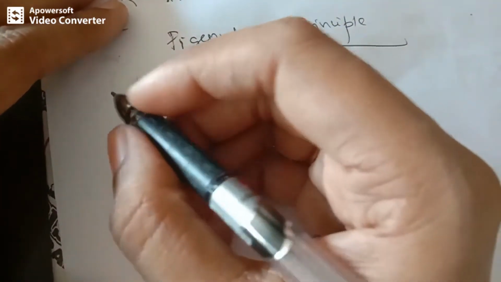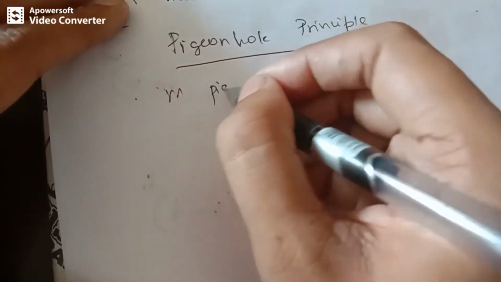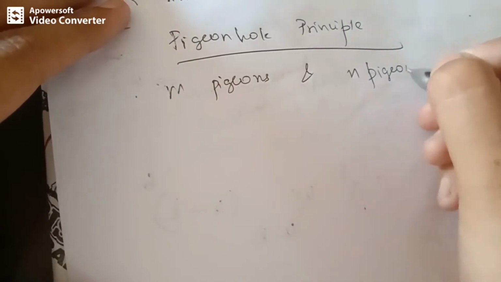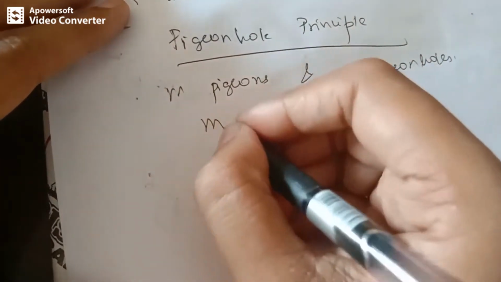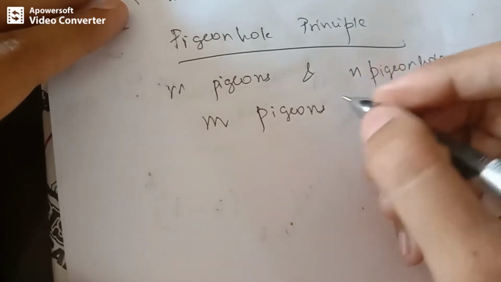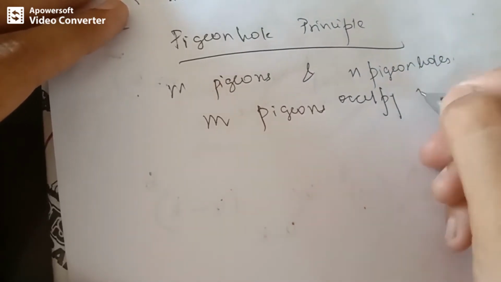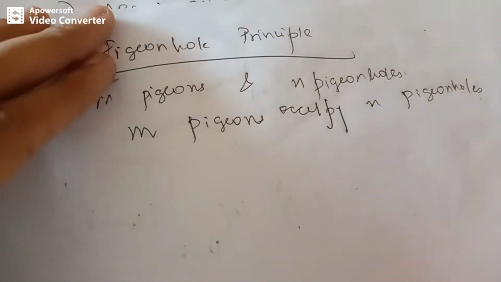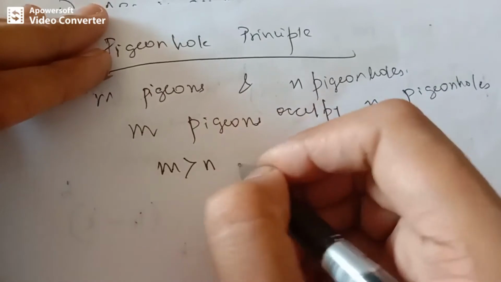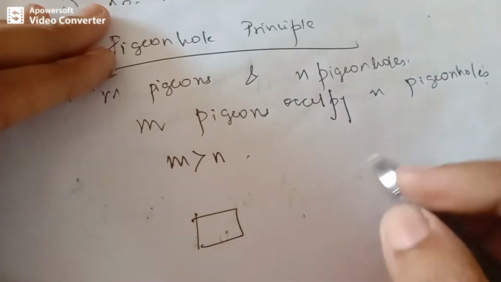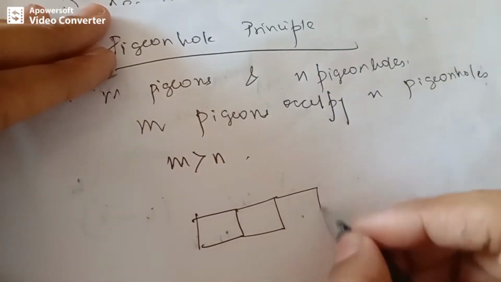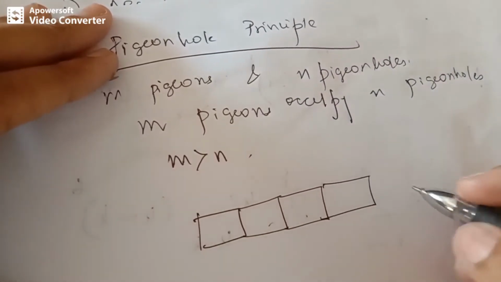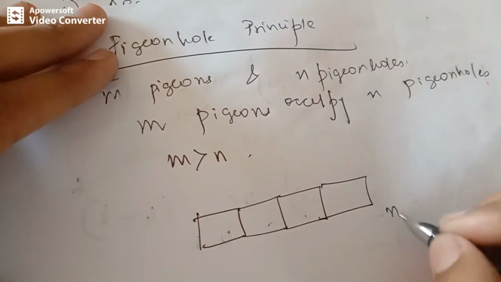This concept tells that if there are m pigeons occupying n pigeonholes, and if m is greater than n, then, let's assume there are 4 pigeonholes, and this we denote by n.